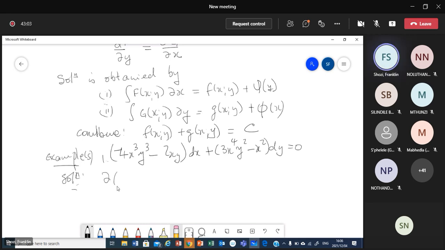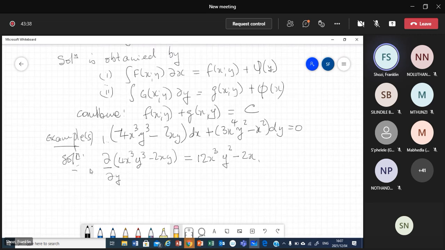What is the partial of f, which is 4x cubed y cubed minus 2xy, with respect to y partially? We differentiate that. Which one is a constant? The whole of that is a constant. The derivative of y cubed is 3y squared. Bring back 3 and 4, that will be 12x cubed y squared minus, same story here, 2x is a constant, the derivative there is minus 2x.